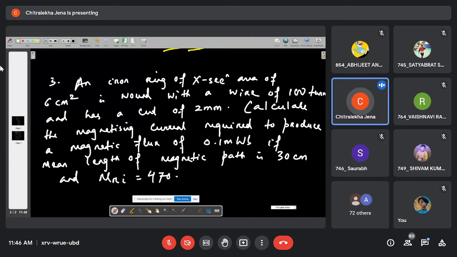Do it the same way I did in the previous problem number 2.